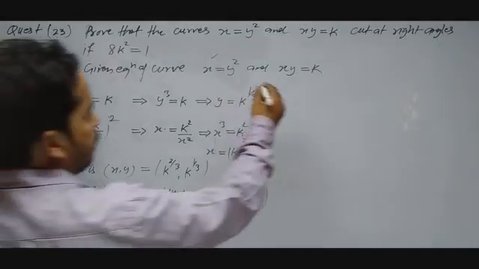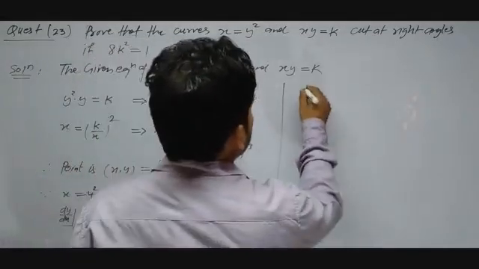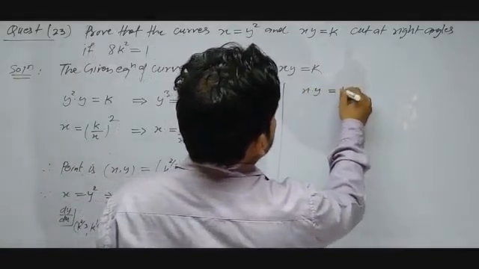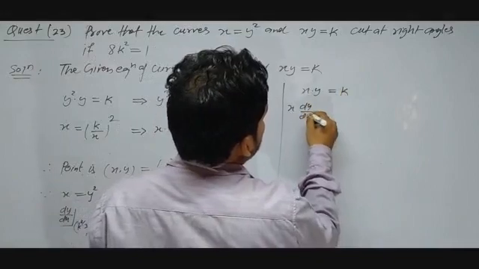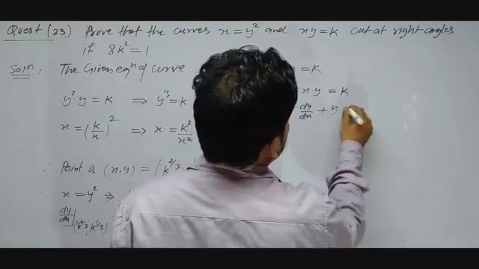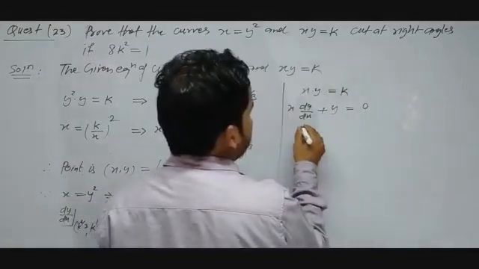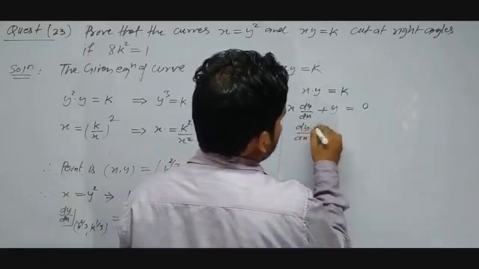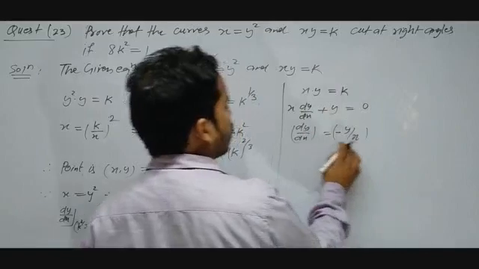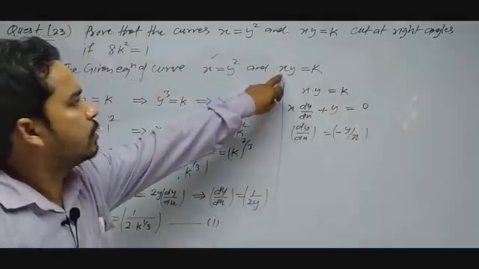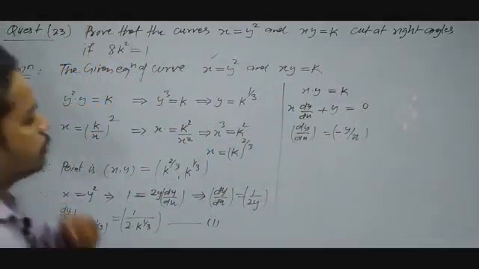Now the second equation is xy is equal to k. When you differentiate, x dy by dx plus y is equal to 0, and dy by dx is equal to minus y by x. So this is also the slope of tangent to the curve xy is equal to k.